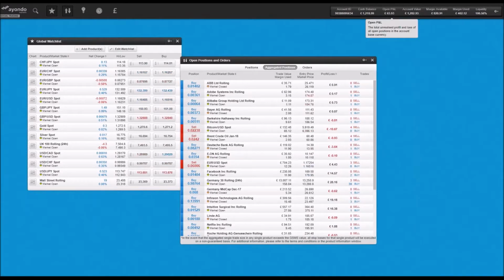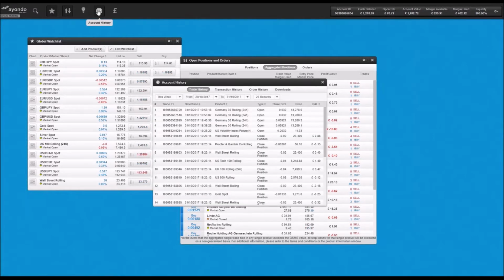And clearly, of course, up here, as you can see, the profit and loss will change as trades go through, and as the value of your existing positions fluctuates. You can do the normal stuff if you want to see history, account history. There we go. So there's trades that have been carried out on my account.